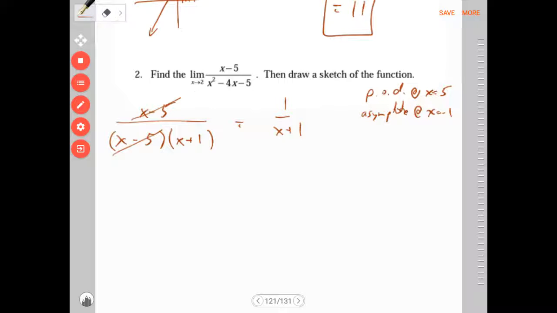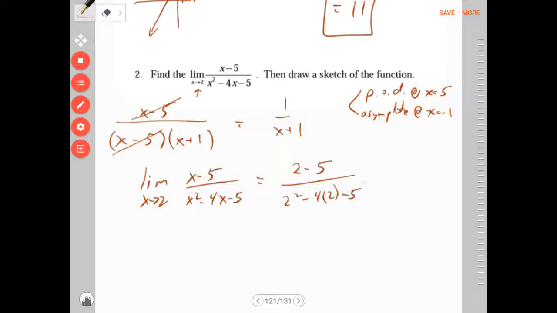So if I'm evaluating at 2, this graph is continuous at 2 because it's not one of these things over here. So all we have to do is substitute in. The limit as x approaches 2 of x minus 5 over x squared minus 4x minus 5 is 2 minus 5 over 2 squared minus 4 times 2 minus 5.